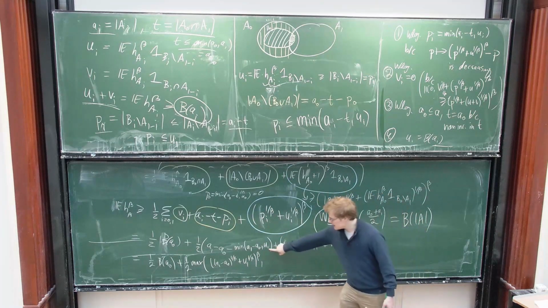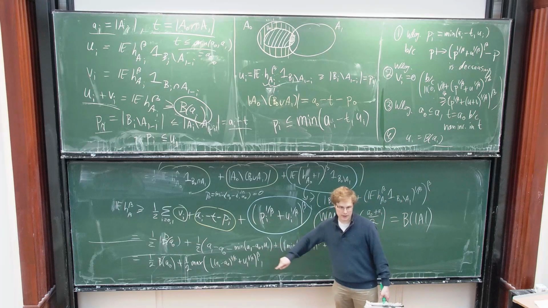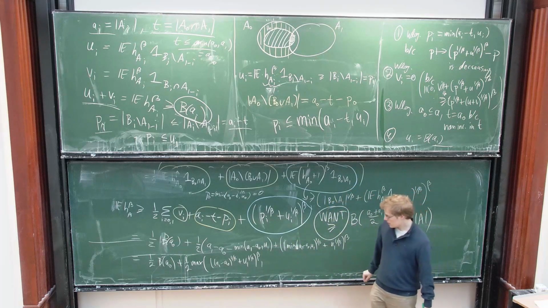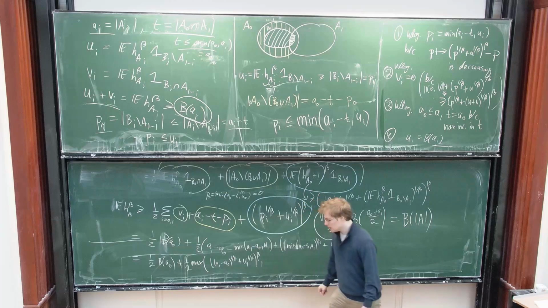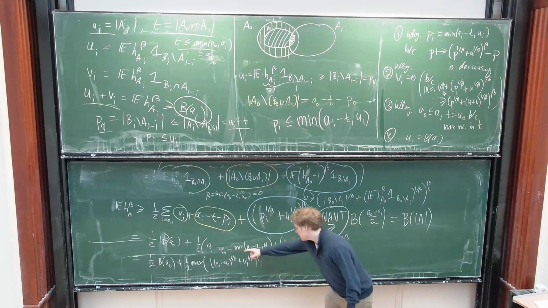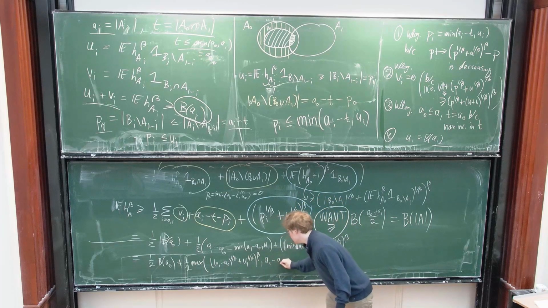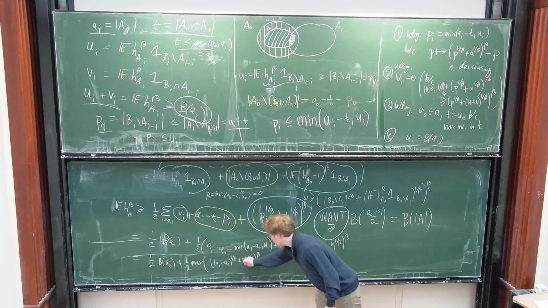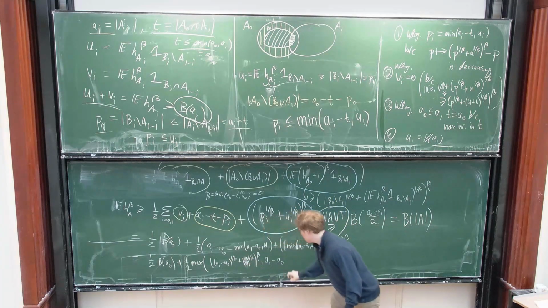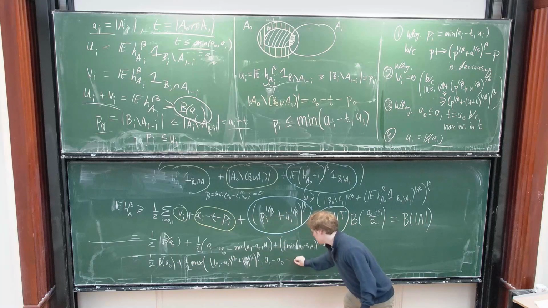And remember, this is the step that we have indicator functions. So this is lower bounded by 1. And here we get a1 minus a0, oh, and this is b of a1, right? And this is minus b of a1.